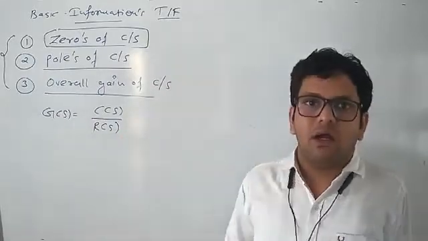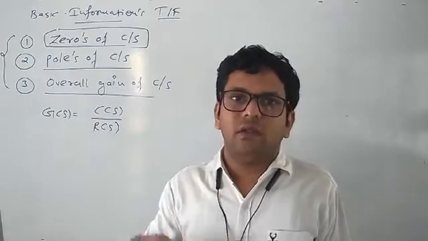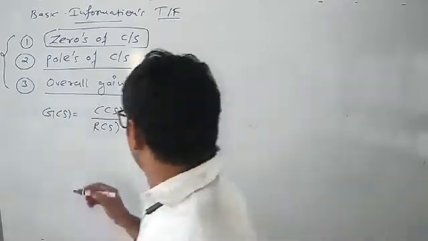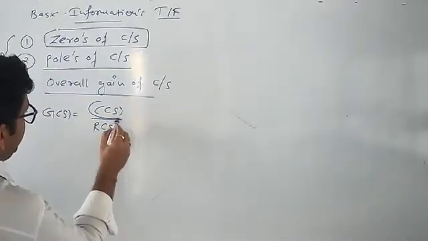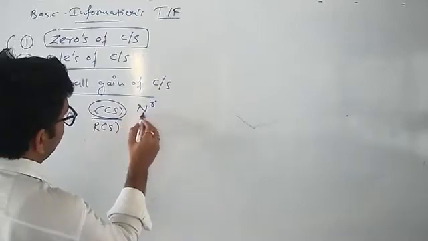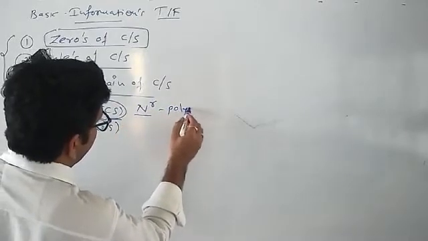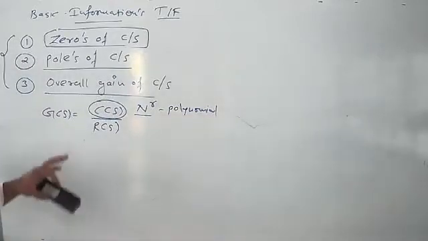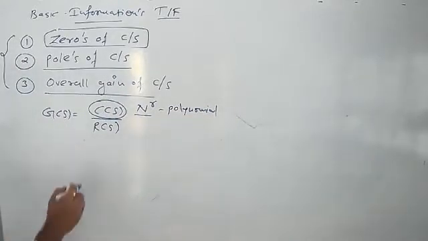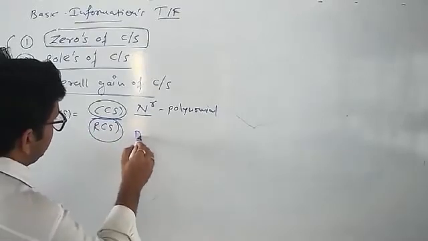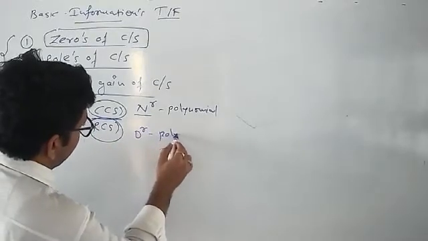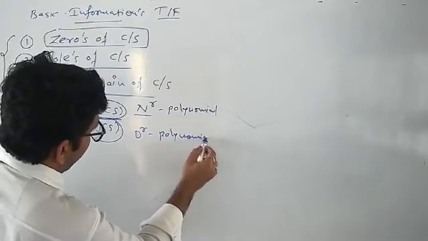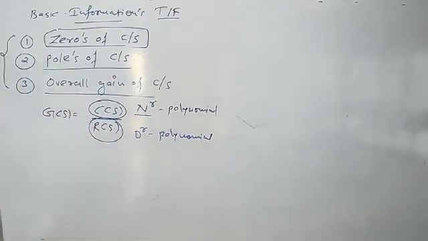Both the polynomials are defined in frequency domain, or you can say in S domain. So this indicates the numerator polynomial of your system, and this indicates the denominator polynomial of the system, or you can say of the transfer function.